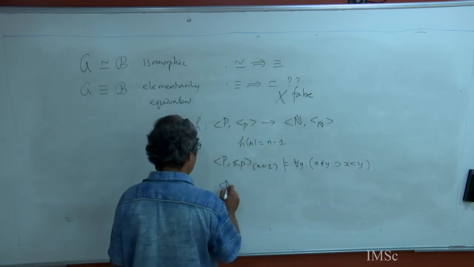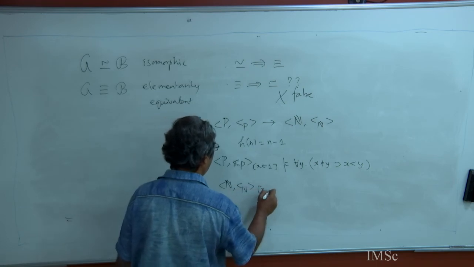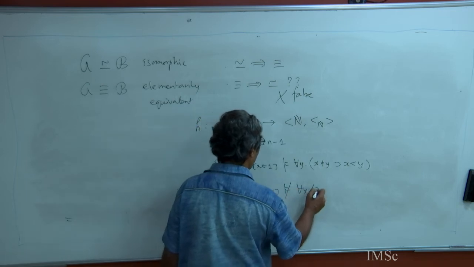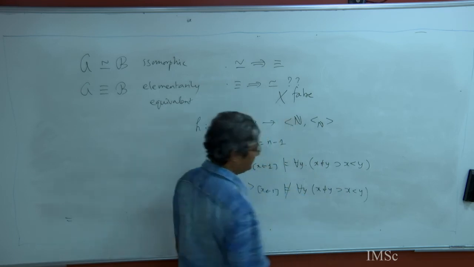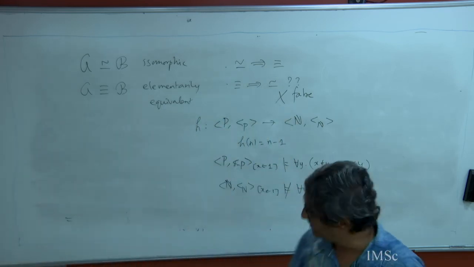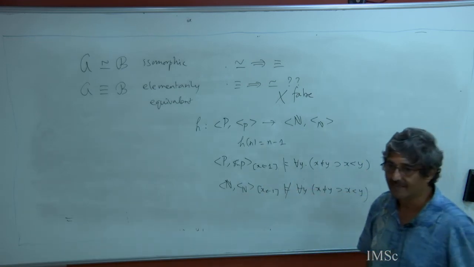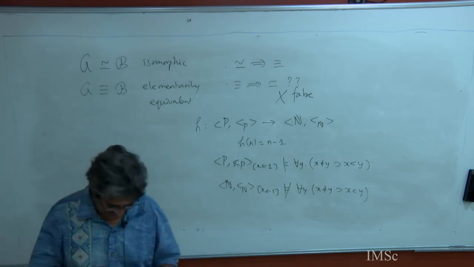Whereas if I take the natural numbers, it does not satisfy, because 1 is the minimal element here, but it's not the minimal element in this one. So there is a distinguishing sentence.